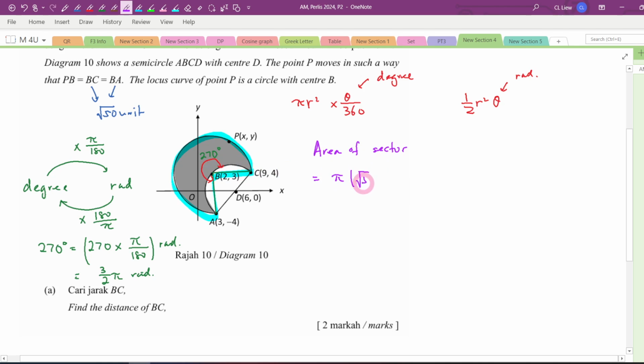Pi r squared times theta in degrees over 360. Okay, so square root of 50, you square, you will get 50. So you just key in your calculator 50 times 270 over 360. Okay, 37.5 pi square units. How about this one?